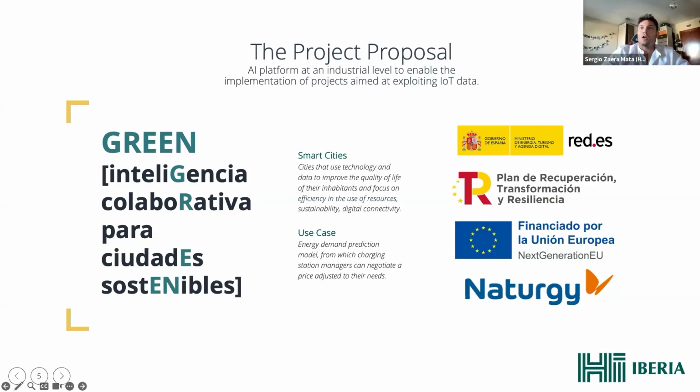We are collaborating with them because in our company we always look to have an expert in the domain for all the projects, so we can help each other. Basically, the fundamental objective of Green was to create an AI platform, at an industrial level, to enable the implementation of this project, but also other projects in the future exploiting this IoT data.